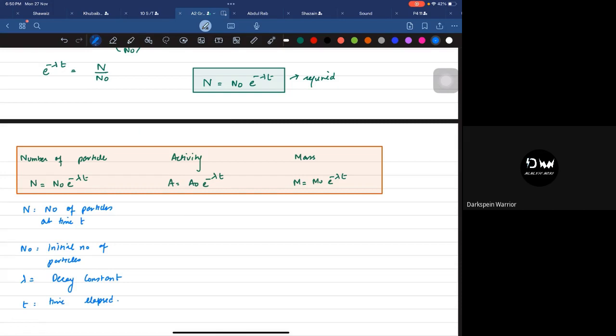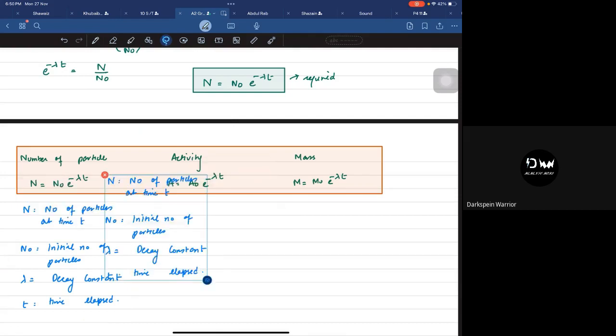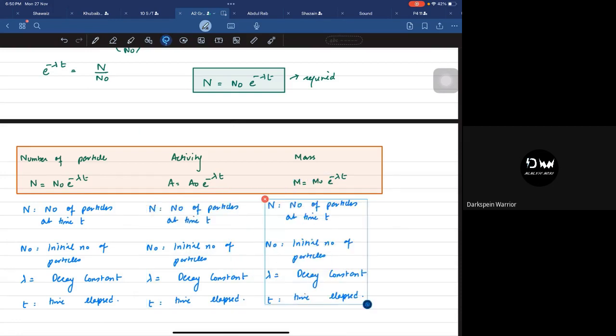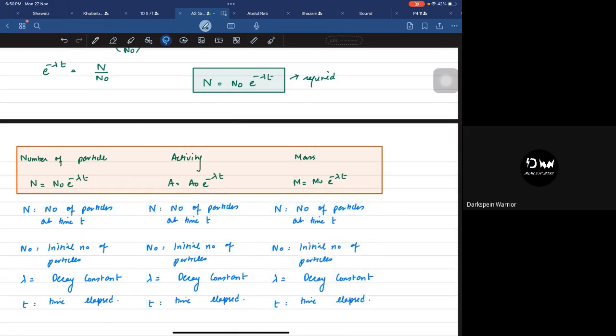Okay, so you can basically write the same things for everybody else. Is there any precise value for decay constant? Every radioactive material will have a different decay constant.